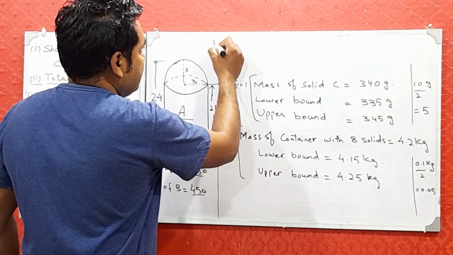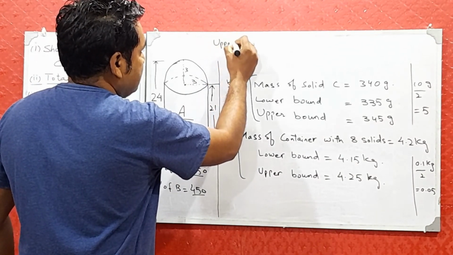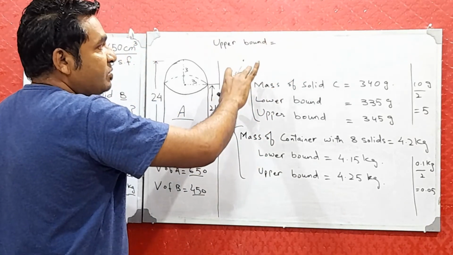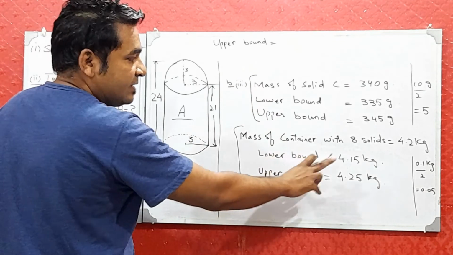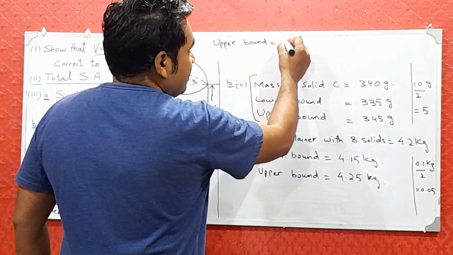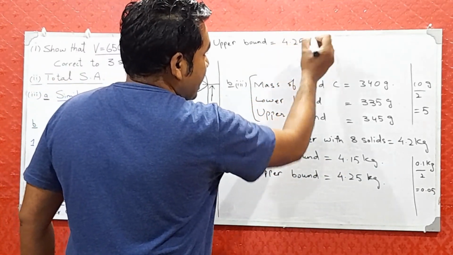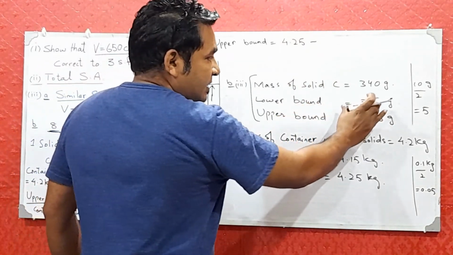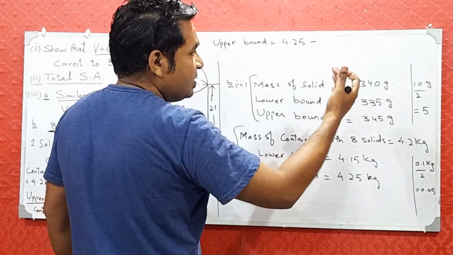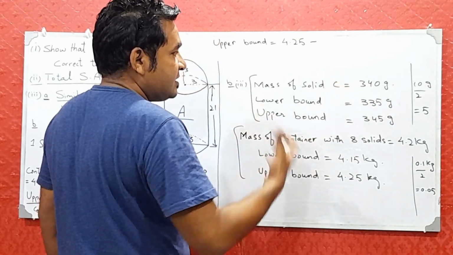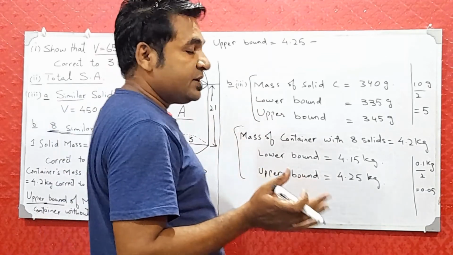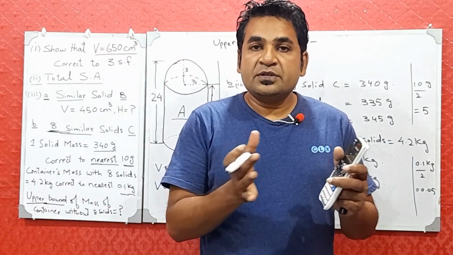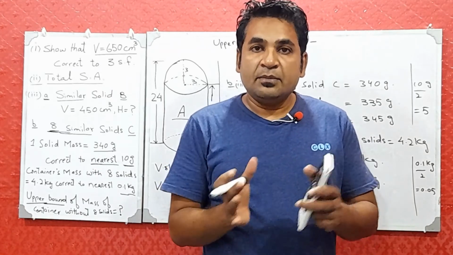So the upper bound will be equal to the upper bound value of the container with 8 solids, that is 4.25, minus the lower bound value of the solid. This is the formula which I hope you have already studied in the inequalities chapter, where you also study the lower bound limits and the upper bound limits.